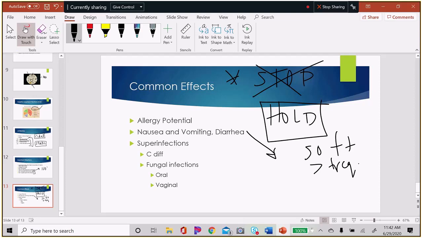C. diff, or Clostridium difficile, is a bacteria that normally lives in your colon. Everyone has a small percentage of Clostridium difficile that's living in harmony with other types of bacteria in your bowel.